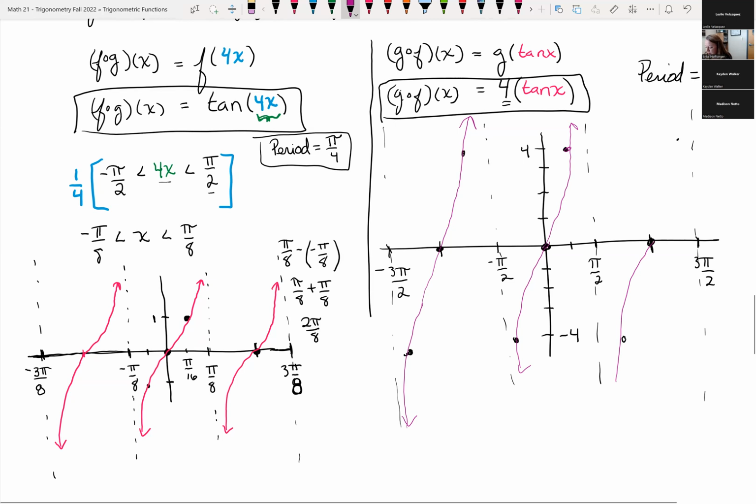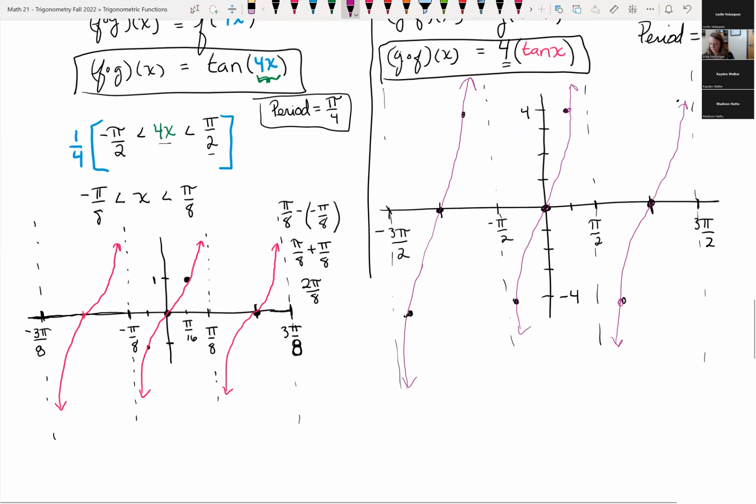So the constant outside of the tangent of x did not affect the period, whereas the constant times the value of x in the argument did affect the period. So now let's look at another example.